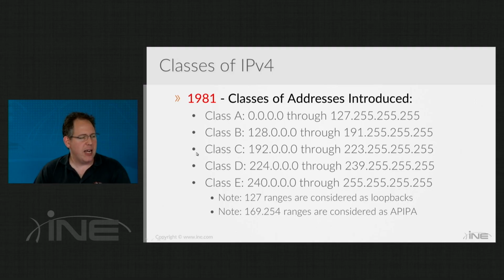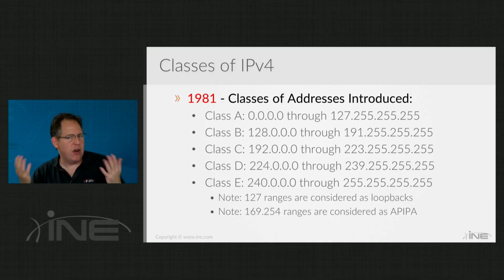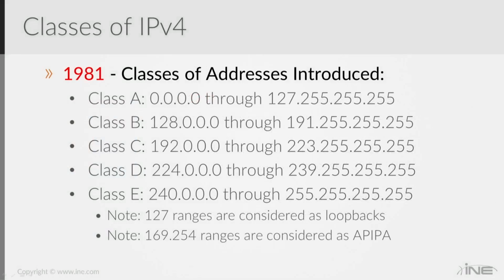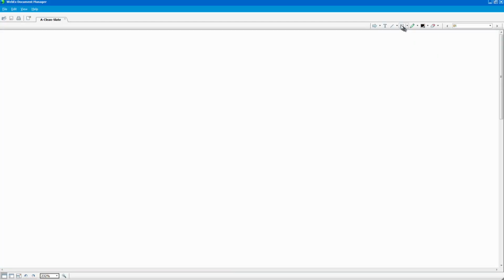Now the question is, okay, if I put a 32-bit number in binary on a laptop or a PC, how does it know how to interpret that 32-bit number? Let me bring up a whiteboard here for a second so we can draw this. Okay, so here I've got some device.